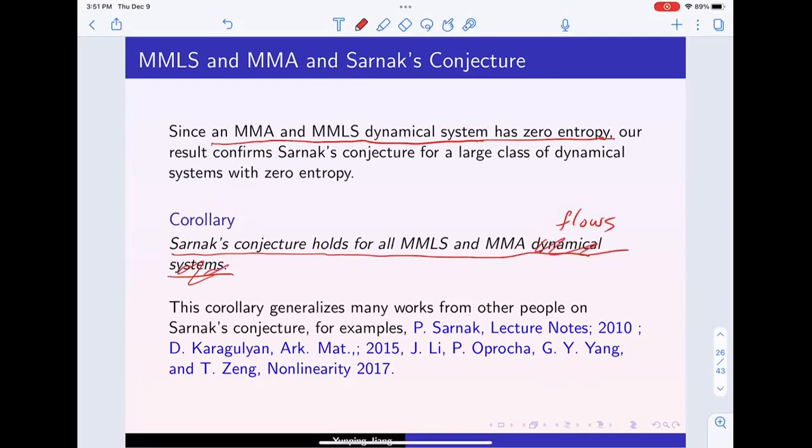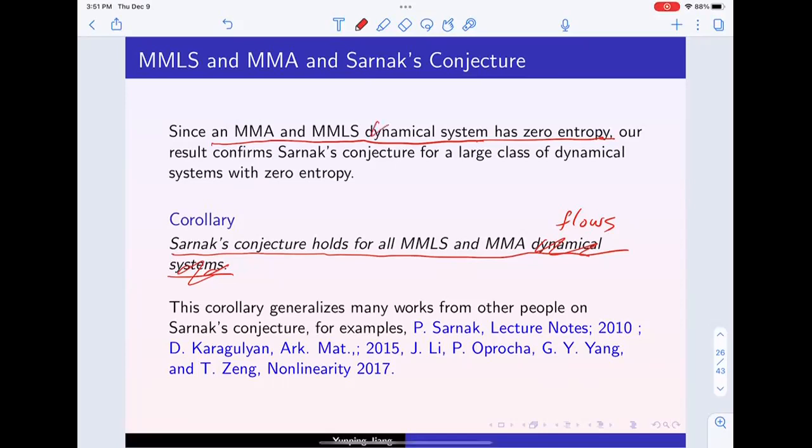For this kind of system, a lot of other people have also studied the Sarnak conjecture along this direction, but they directly study the Sarnak conjecture and do not really try to compare the oscillating property and the level of this system.